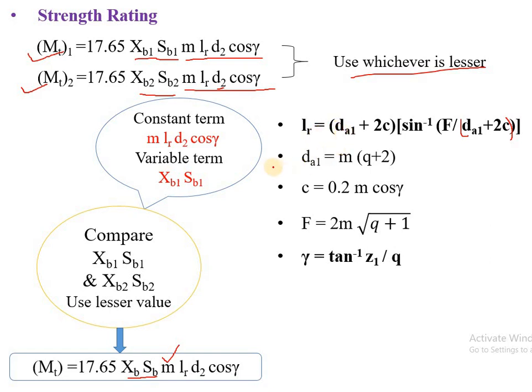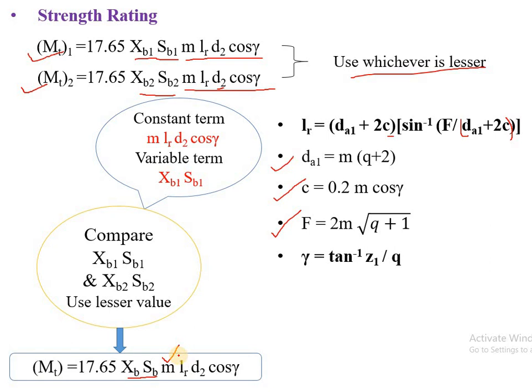So dA1, that is the outside diameter of worm, you can calculate by this formula: M in bracket (Q plus 2), C, that is clearance, 0.2 into M cos of gamma. Then F is the face width of worm wheel teeth. It is given by twice M under root of Q plus 1.